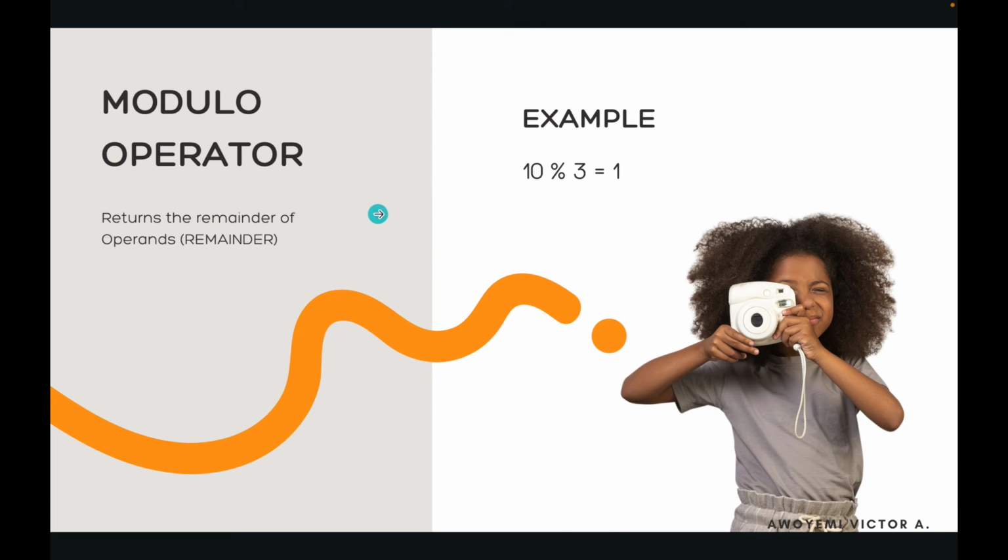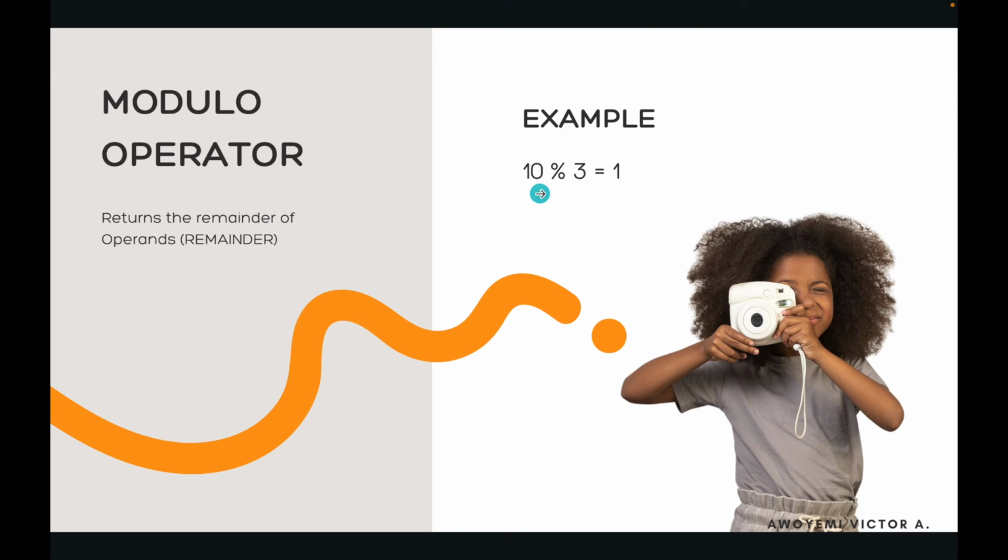Now let's talk about the modulo operator. The modulo operator in C programming language returns the remainder of operands. Let's take an example here.